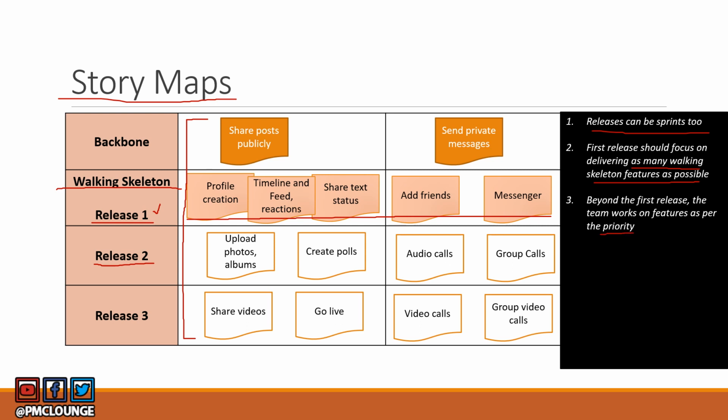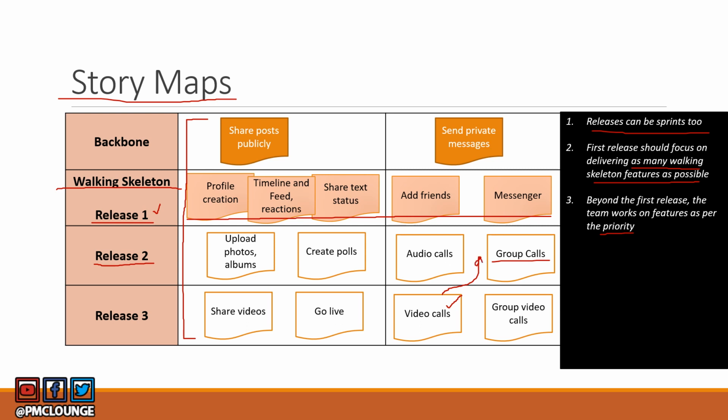Now, it is possible that you have video calls on release 3, but somebody comes in, let's say your product owner or any important stakeholder may come in and say, hey, we don't need group calls right now in release 2. What we actually need are audio calls and video calls.